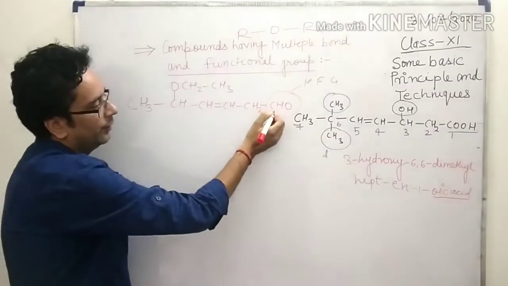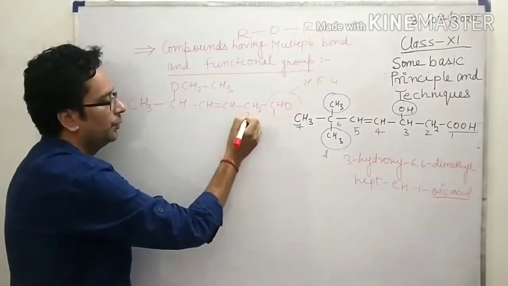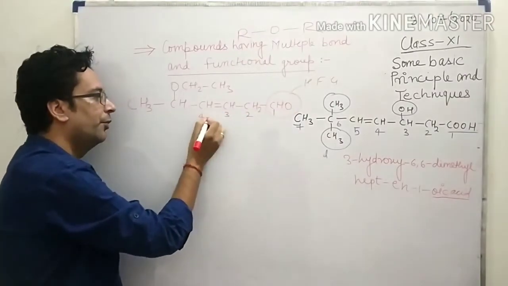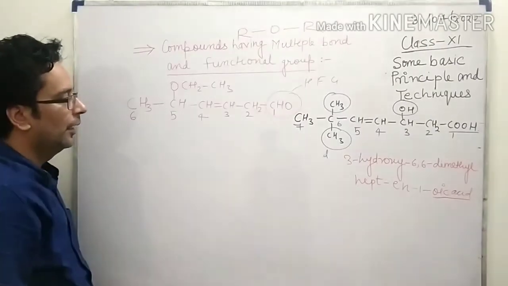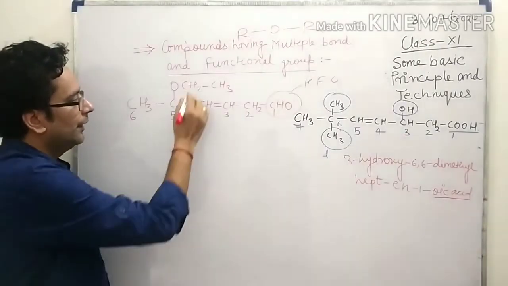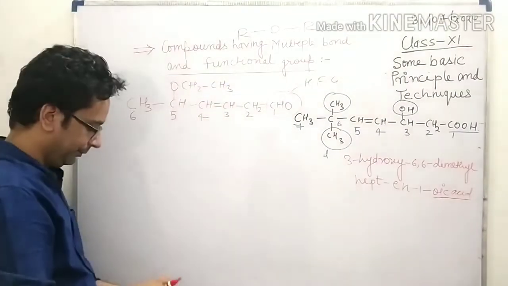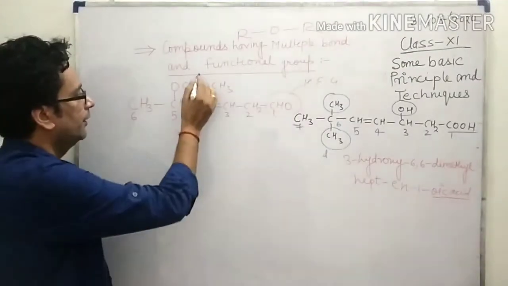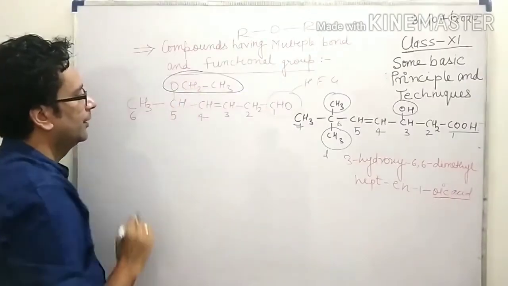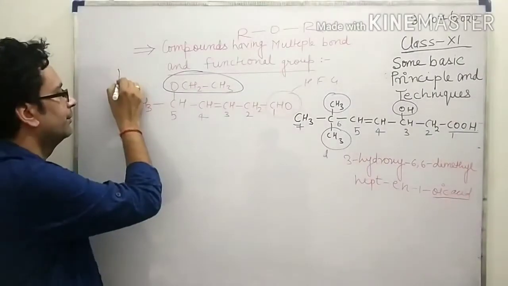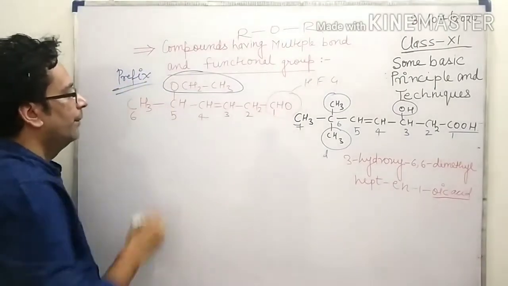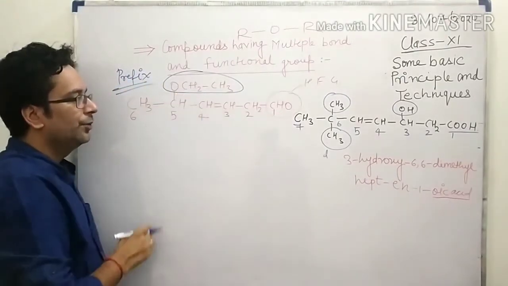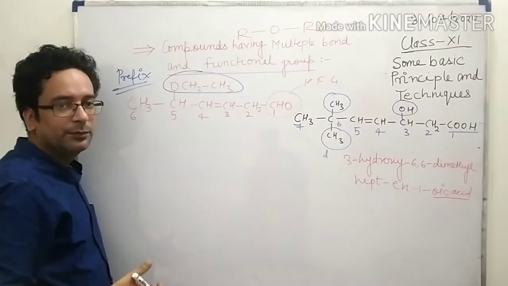Now give the numbers 1, 2, 3, 4, 5 and 6. This is the longest chain of carbon. This one is used as what? Prefix. In a prefix, an ether is known as alkoxy.